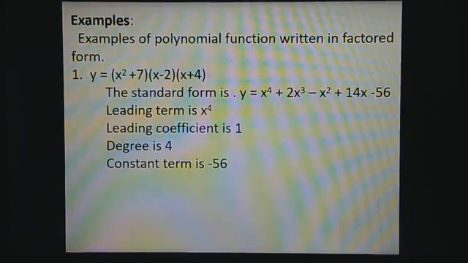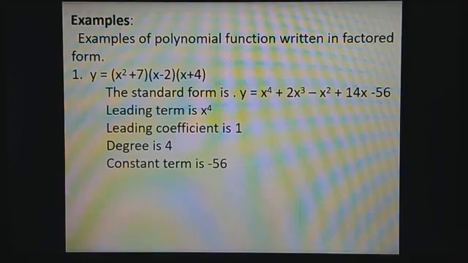Ganito ang gagawin natin. Para malaman natin kung ano ang leading term, lahat ng first term ng factors, yun lang ang i-multiply natin. Ibig sabihin, meron tayong tatlong factors at ang mga first term ng tatlong factors ay x squared. Sa pangalawang factor, we have x. And in the third factor, we have x.